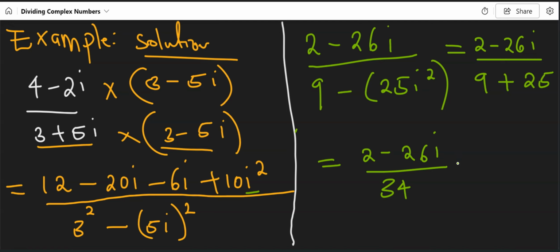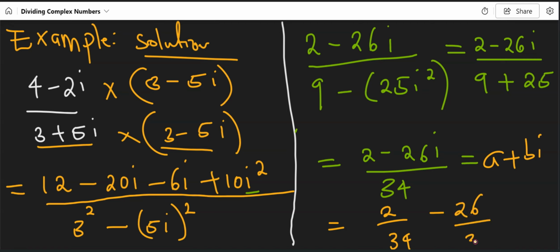So we can divide both terms so that we remain with our answer in the form of a plus bi. This should give us 2 over 34 minus 26 over 34i.